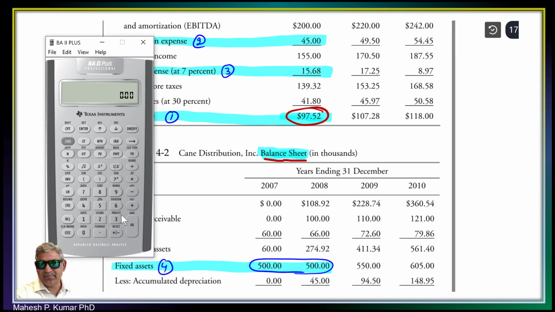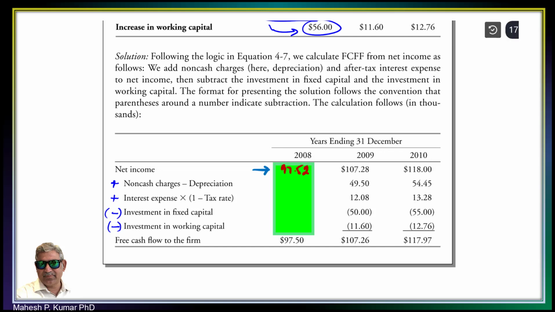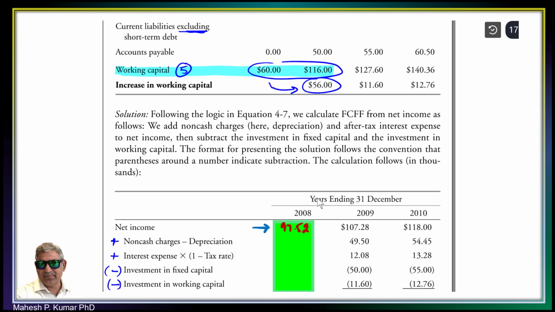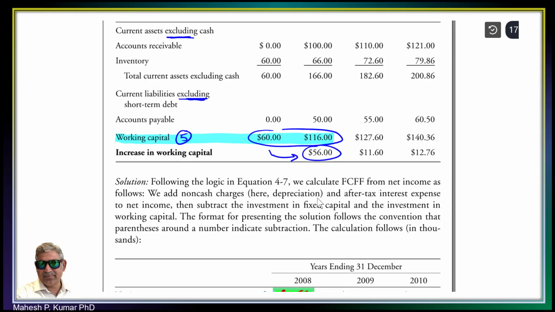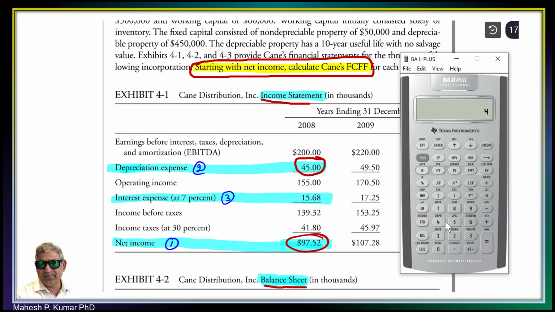We will store this number, 97.52, in our calculator in the first memory spot, and this is also entered here in the formula. Then we need non-cash charges, which is mostly depreciation, and it would be added back. This information is also available to us from the income statement. Depreciation is 45, and this is stored in the second memory spot in the calculator.